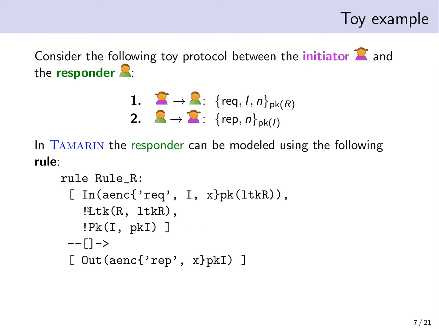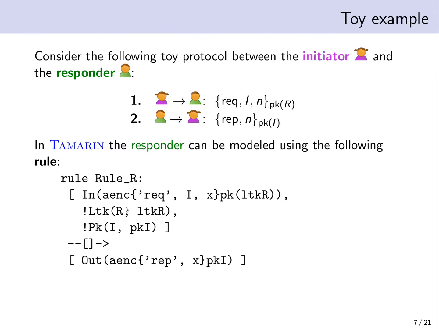Here, for example, the responder will wait for an input of a message which is the asymmetric encryption of three values, the request tag, the identity of the initiator, and some nonce, everything encrypted using the public key associated to its private long-term key.